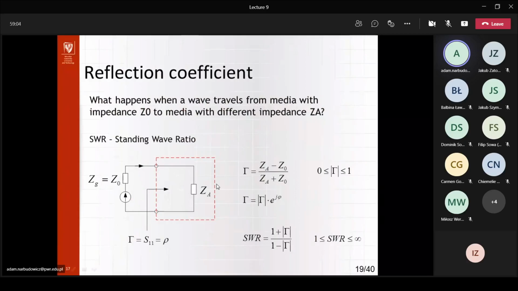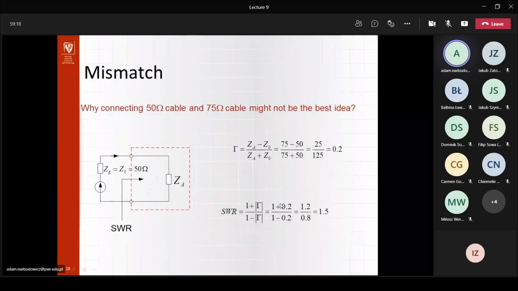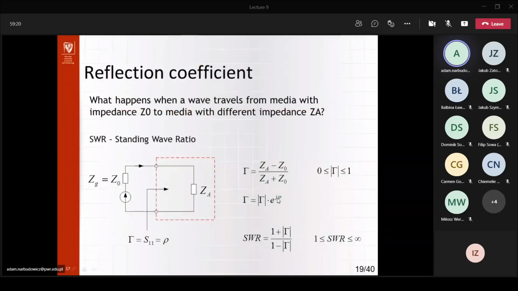In the case of a complex reflection coefficient, the amplitude corresponds to the power that is being reflected back. However, the phase, the exponent of j phi that we have over here, corresponds mainly to the phase change upon reflection.